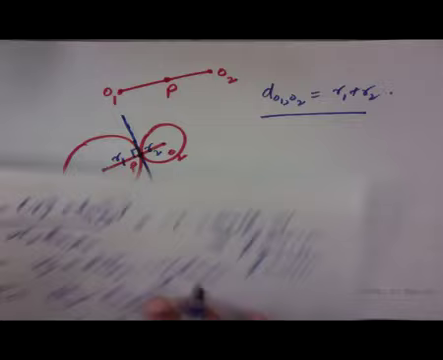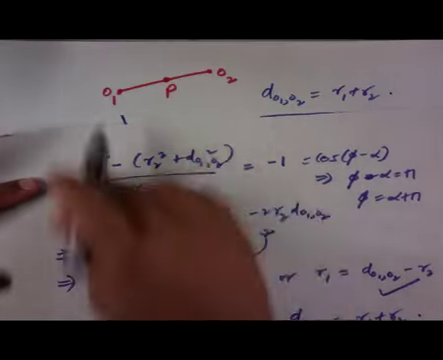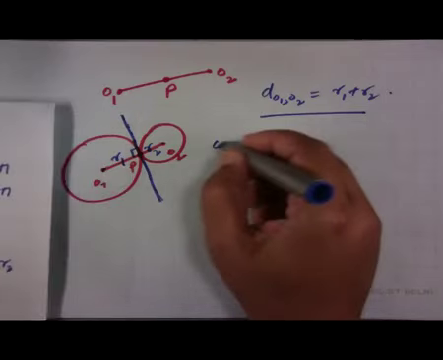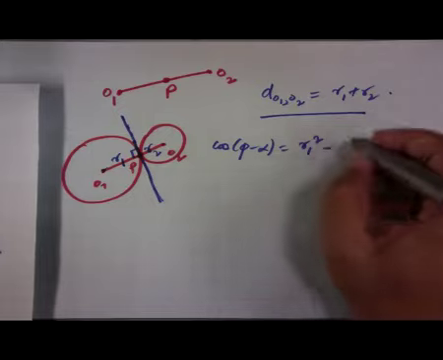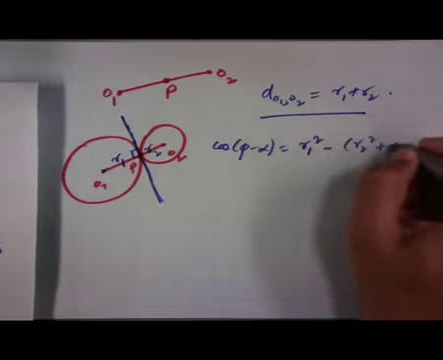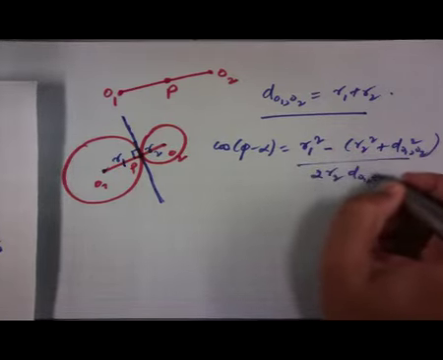That is indeed true, because if we start with this equation and put it in this expression here, we know that cos of (phi minus alpha) is equal to (R1 squared minus R2 squared plus d(O1O2) squared) divided by 2 R2 d(O1O2).